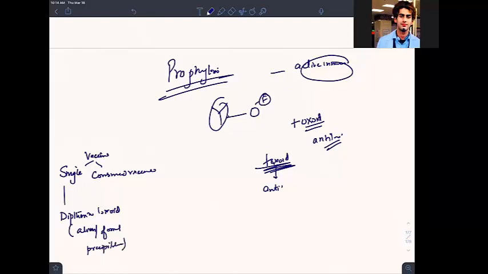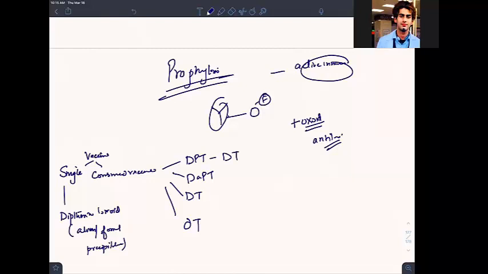Combined vaccines are what? DPT, DAPT, the acellular variety, which causes less pain to the patient. That's a different thing. What is the difference between all these? DPT, diphtheria, pertussis, tetanus, contains what? DT. What is DT?